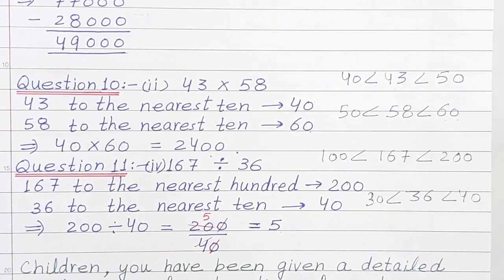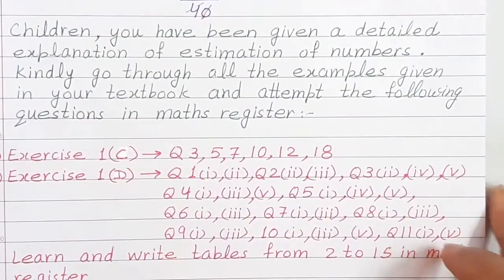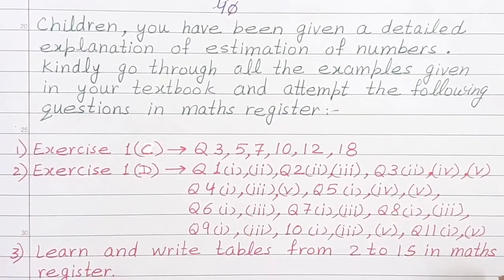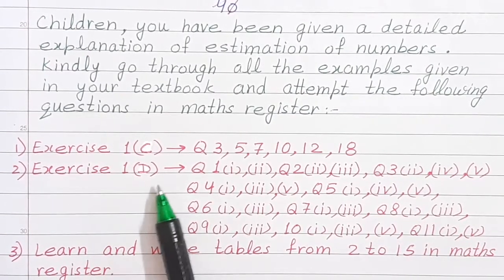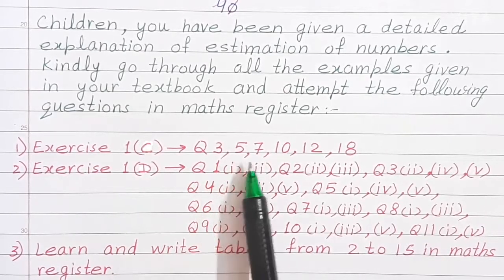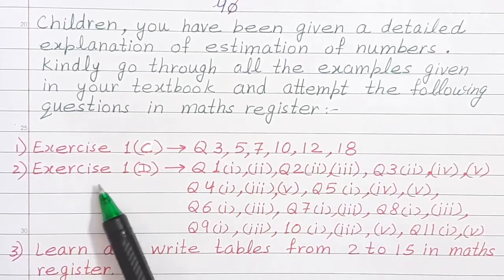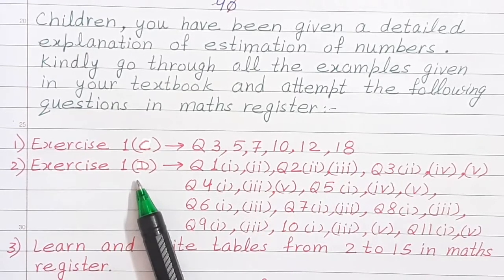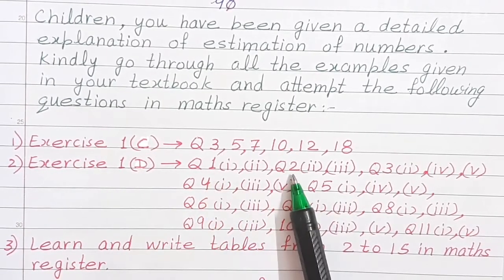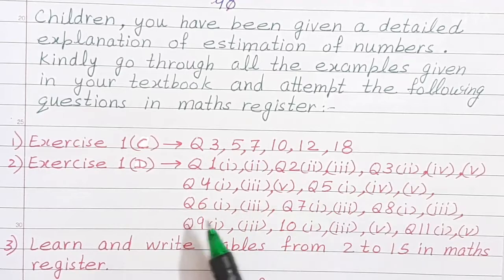Now children, you have been given a detailed explanation of estimation of numbers. Kindly go through all the examples given in your textbook and attempt the following questions in your maths register. The questions from exercise 1C are question 3, 5, 7, 10, 12 and 18. The questions from exercise 1D are question number 1, 2, 3, 4, 5, 6, 7, 8, 9, 10 and 11.